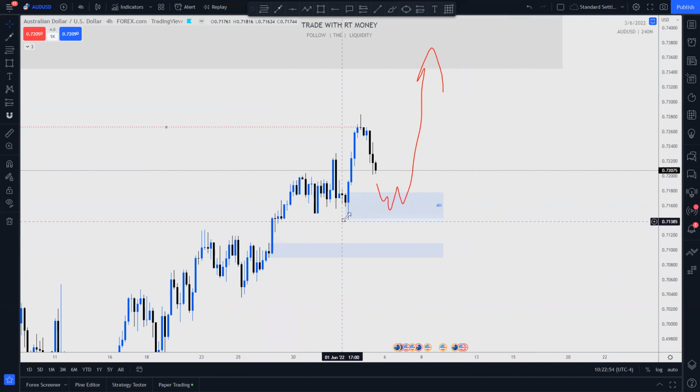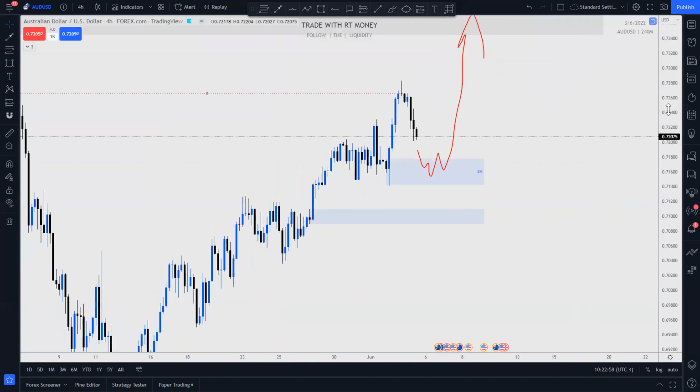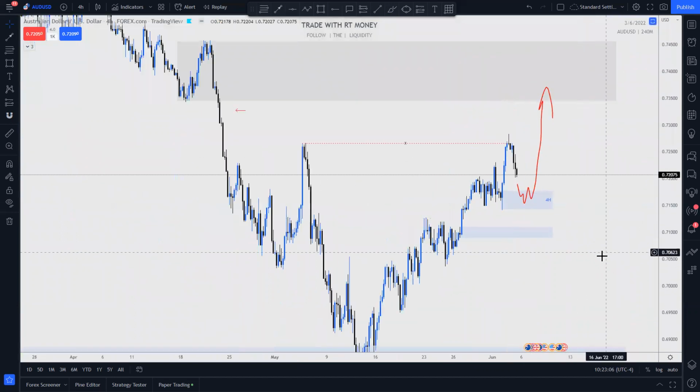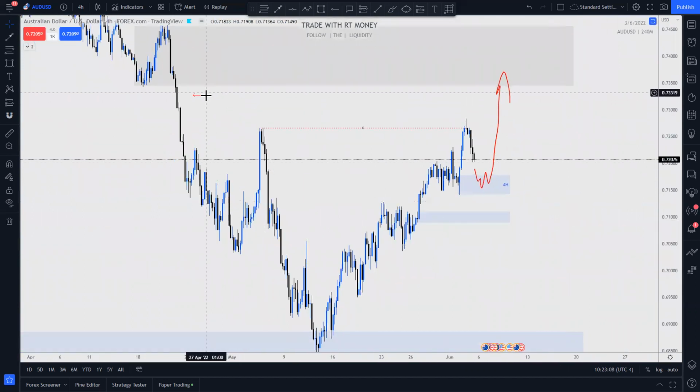So if price makes it through this low, I'm looking for price to turn here. I am looking for short-term bearishness followed by longer-term bullishness. And I think it has good reason to come up here. And we just took out liquidity here, so this looks like a prime candidate.